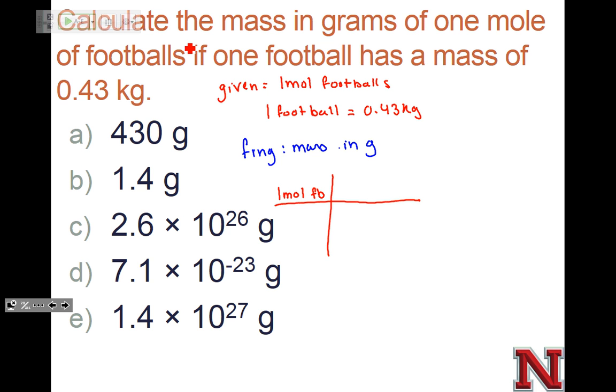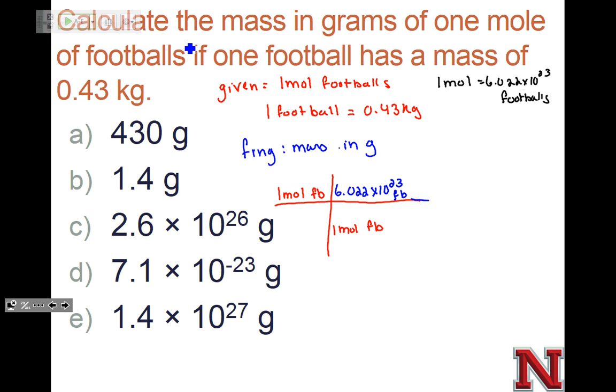So that's another relationship that wasn't explicitly given, but we need to recognize it. And in this case, things is footballs. So we have that conversion: 1 mole of footballs is equal to Avogadro's number of footballs. So that's our things.